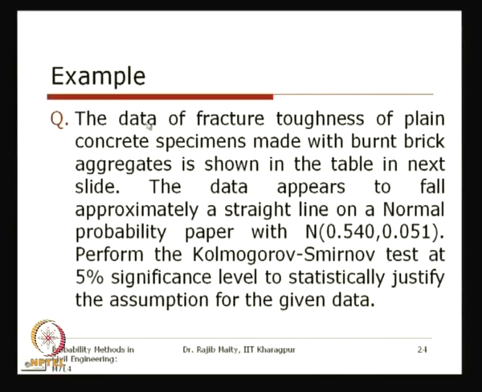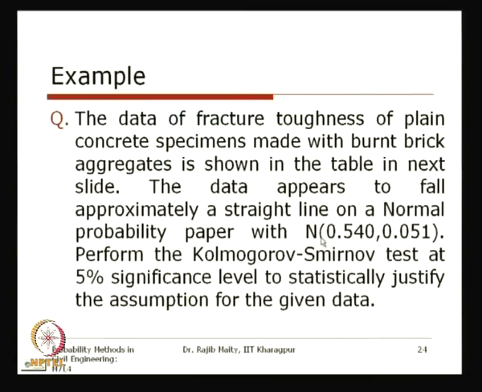The data of the fracture toughness of the plain concrete specimen made with burnt brick aggregate is shown in the table in the next slide. The data appears to fall approximately on a straight line on a normal probability paper, and you know that if it falls approximately straight on the normal probability paper, there is a possibility that it may follow a normal distribution.